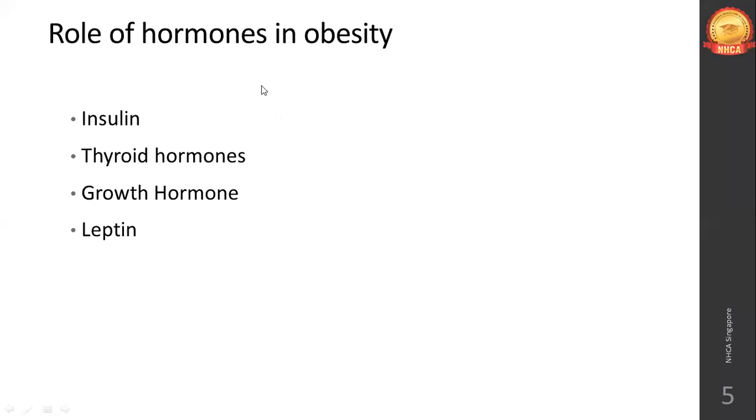Does anyone have any idea what it is? Insulin is secreted by the pancreas. What do you mean by insulin resistance? Anyone, like the previous batch students?